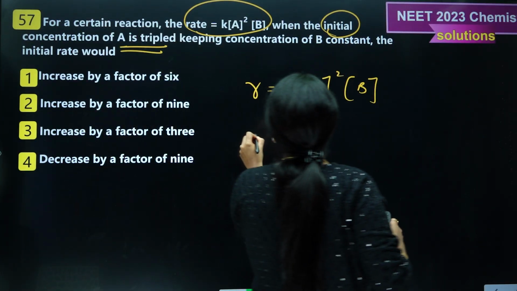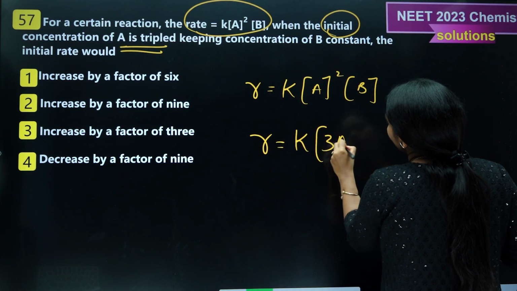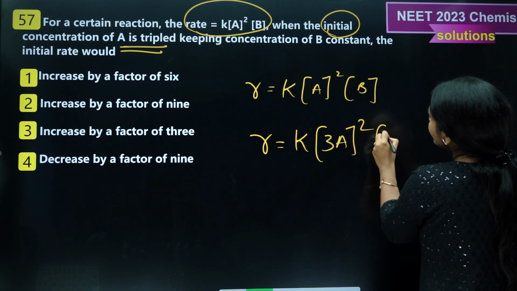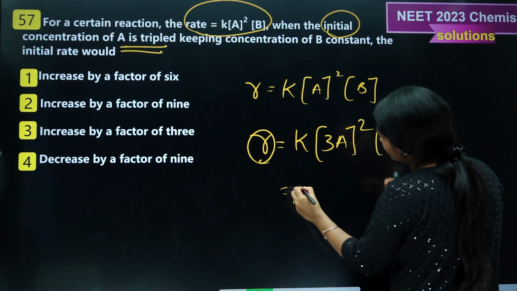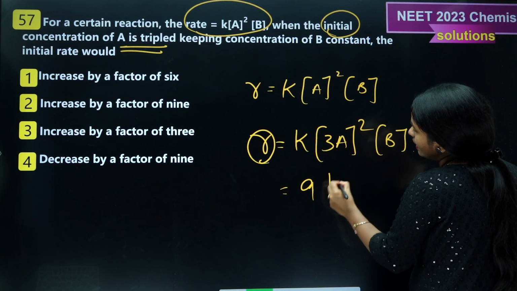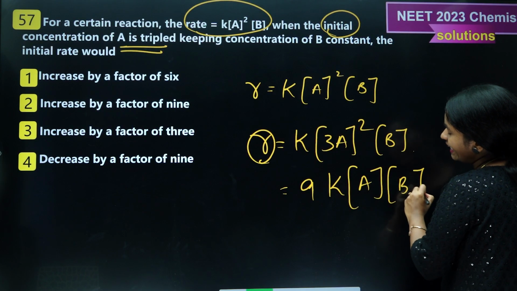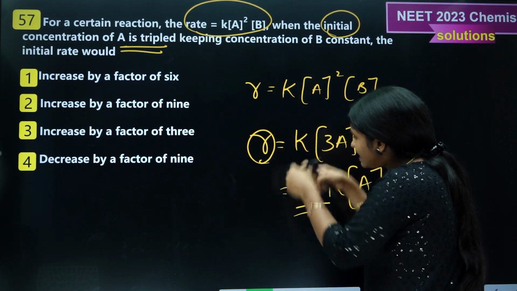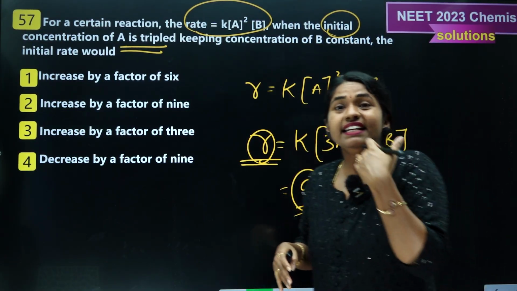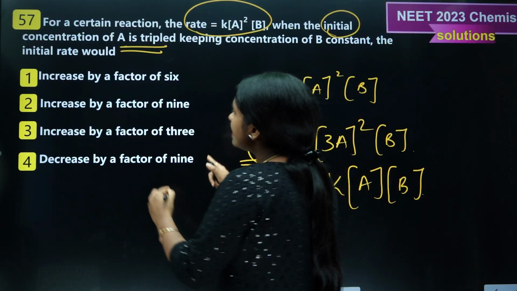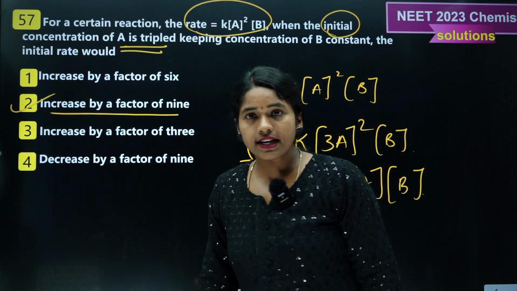In case number 2, A is tripled and B remains constant, so the rate will change to 3 square, which is 9. So compared to the initial rate, the rate is increasing by a factor of 9. Option 2 is the correct answer.